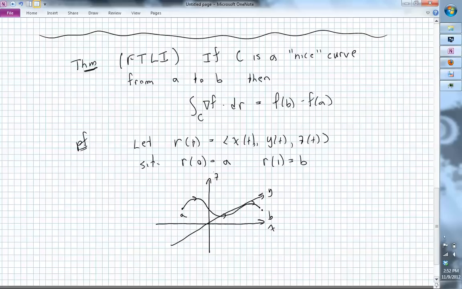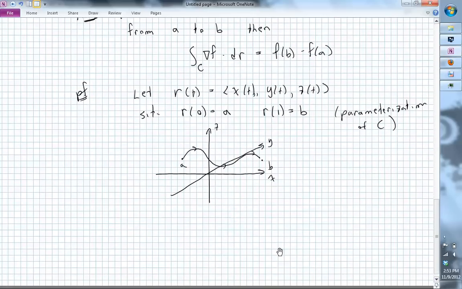So I'm going to let r be this parameterization of the curve C. Okay, and here's the key observation. Let's look at f along the curve. So f of r of t, and take its derivative.